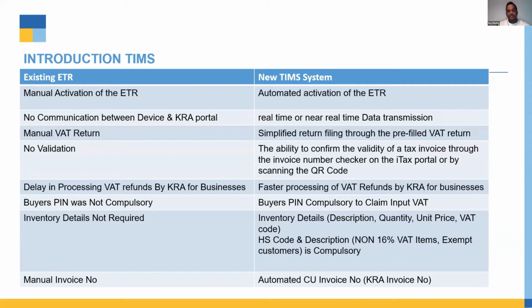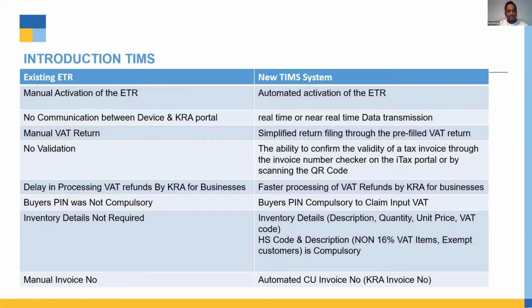So whenever you do any transaction, it is in real time, or near real time. That means when you are doing an invoice, maybe you don't have data, maybe internet is not there, but still the system will generate the QR code, and when the system gets internet access, it will send it to the KRA portal directly.